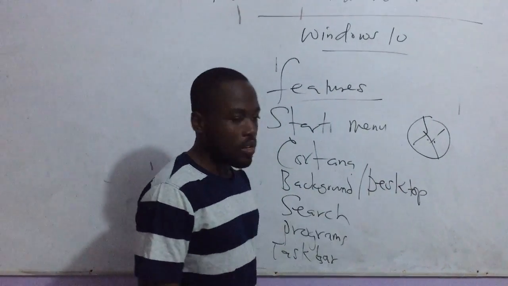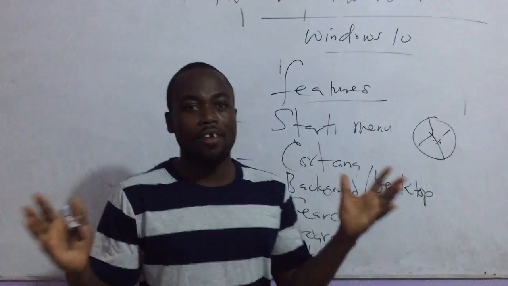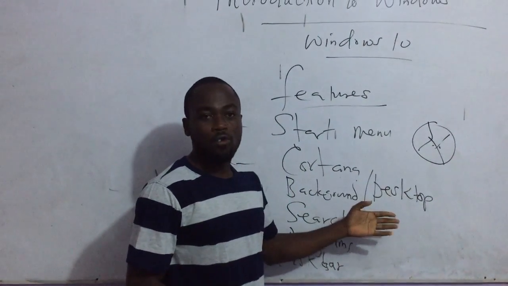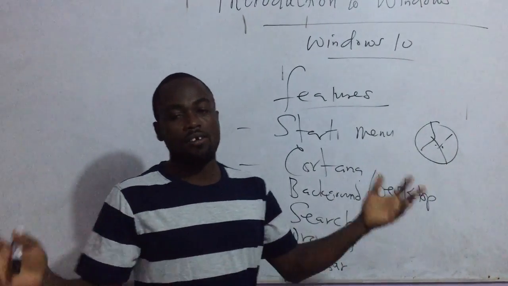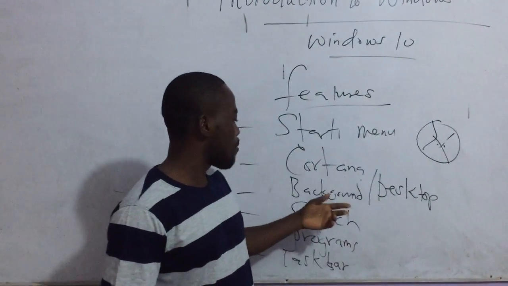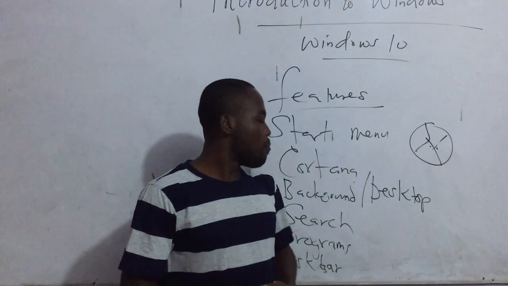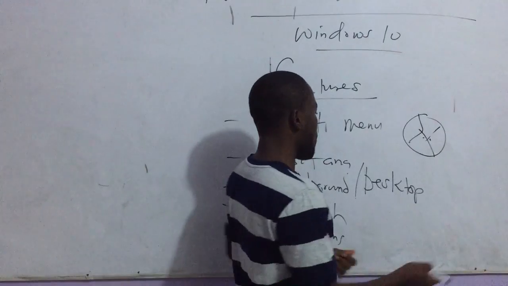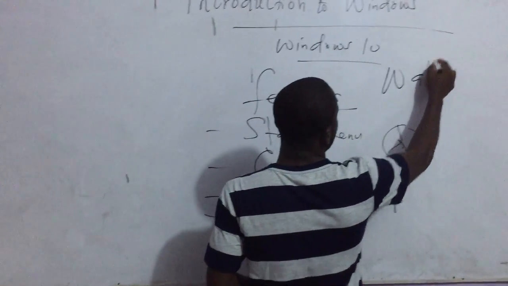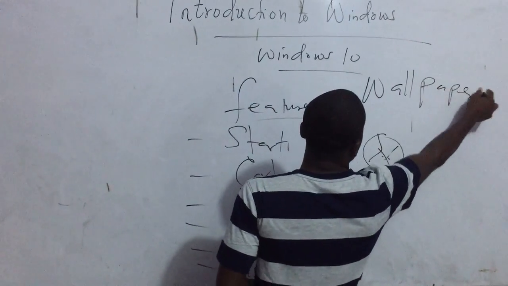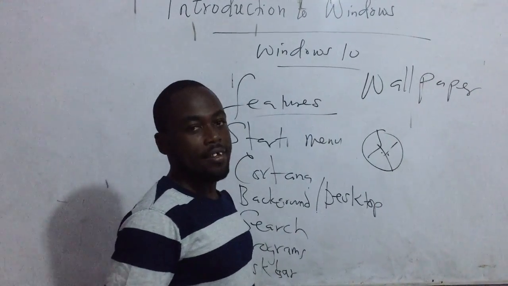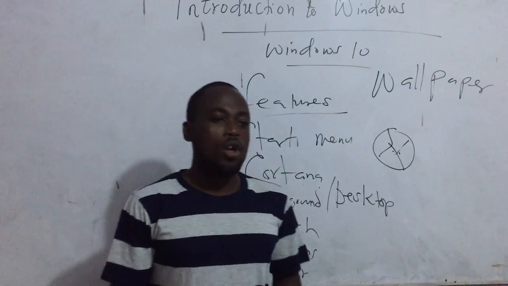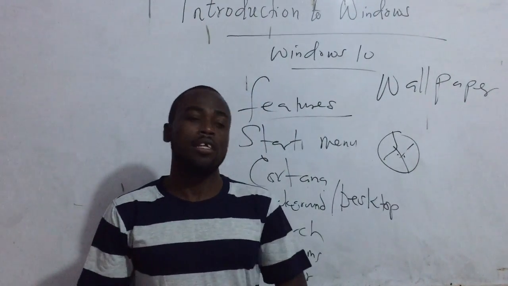Then we have the desktop. The desktop is the plain area of the screen where we can see programs, icons, and folders. It is the plain background of the screen after boot. Mostly the desktop is covered with what we call a wallpaper. A wallpaper is just a picture or a graphic used to replace the plain background of the desktop.